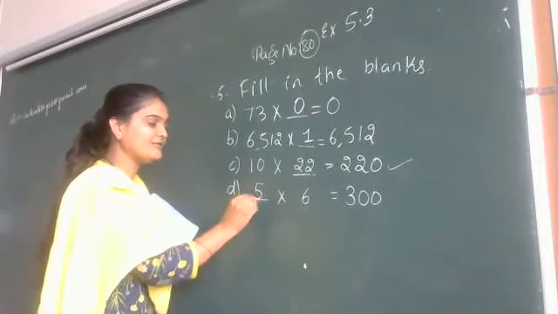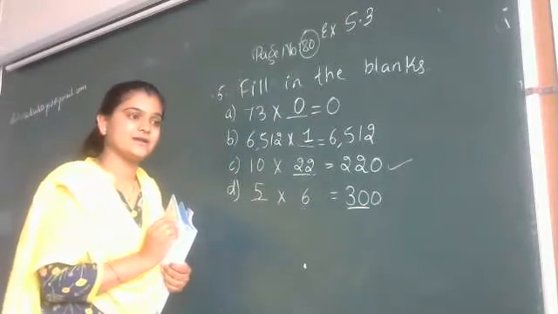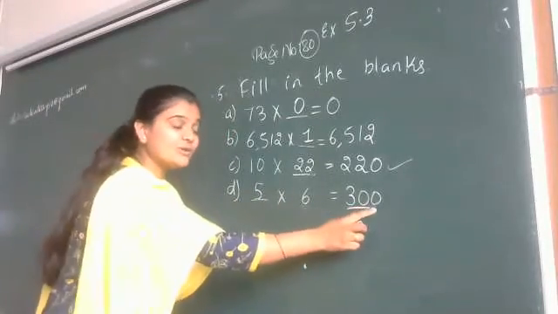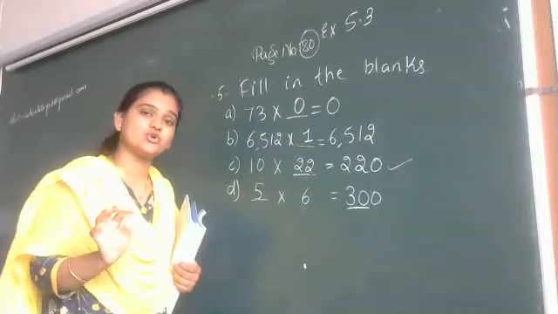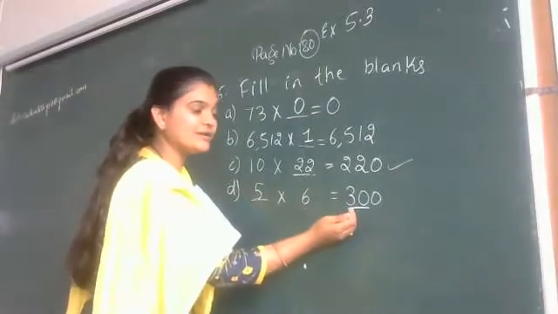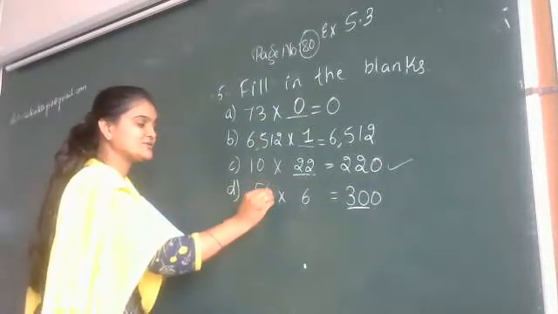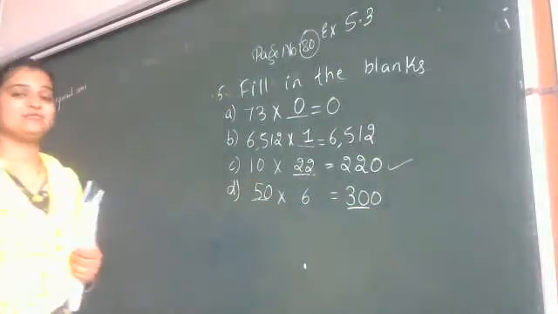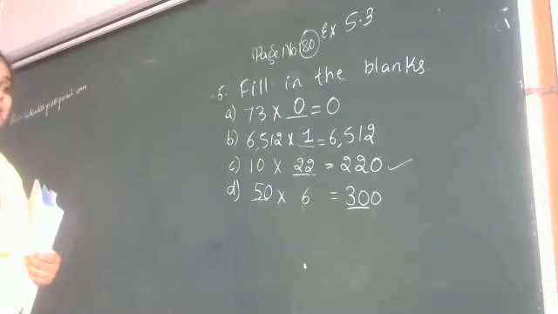If we write only 5, 5 into 6 is 30. Till here it is done, but we want 300. A 0 is to be written, so we write it as 50. 50. Is it understood?